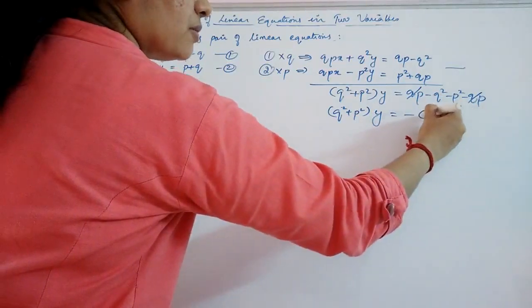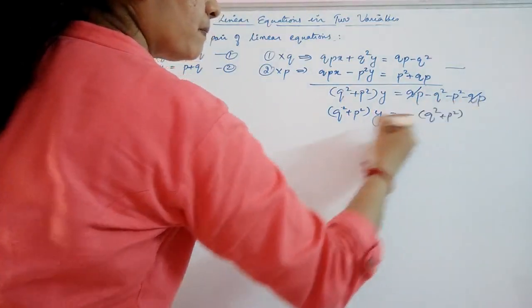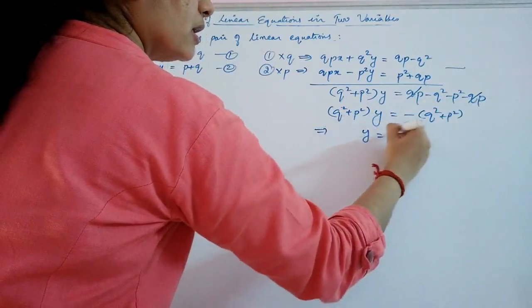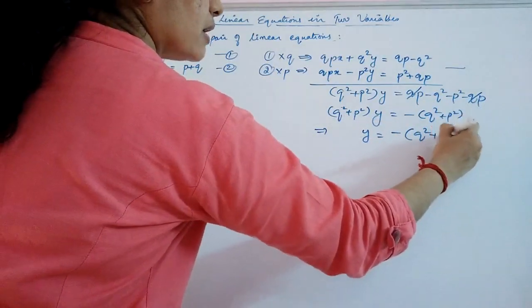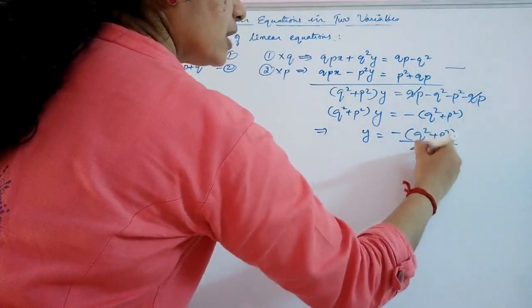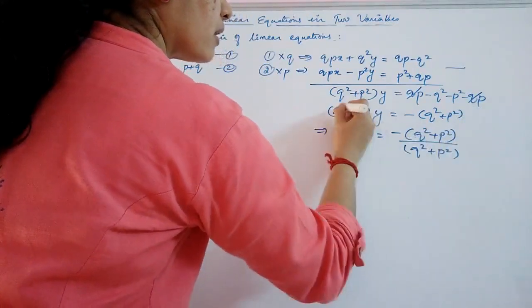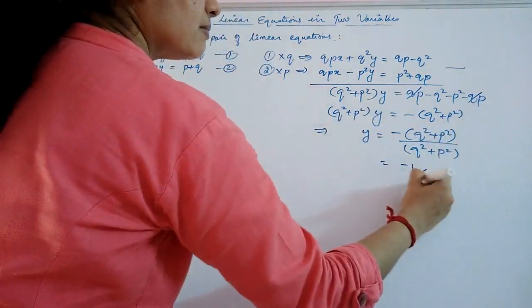Minus can be taken out, this will become again q square plus p square, so that you will get your y to be minus of (q square plus p square) divided by (q square plus p square), which will give you y as minus 1.